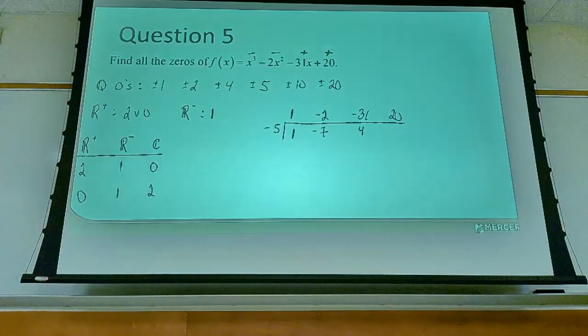That means x plus 5 is a factor. And we're left with x squared minus 7x plus 4, which is quadratic. Can that be factored using techniques of algebra? No. Nope. Quadratic. So we have to use quadratic formula.